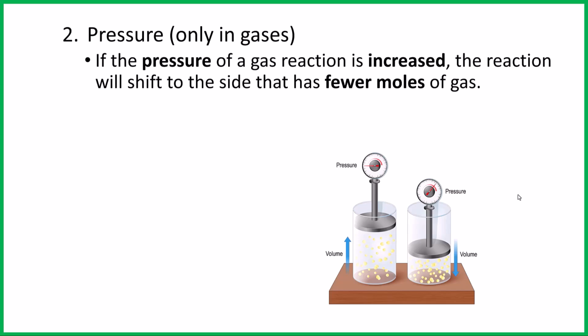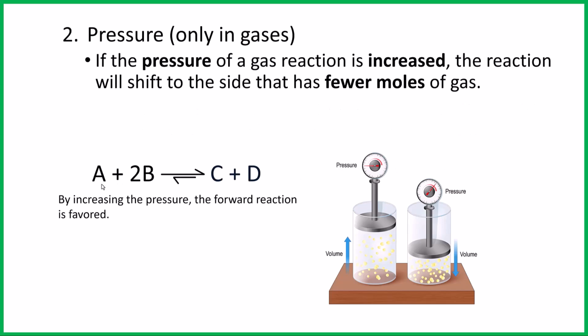So if the pressure of a gas reaction is increased, the reaction will shift to the side that has fewer moles of gas. So here we are adding stress through pressure. If we're increasing pressure on that reaction, then all of the molecules of those gases are being concentrated into a smaller area. And so the reaction will shift to the side that has fewer moles because it has essentially a smaller concentration of particles.